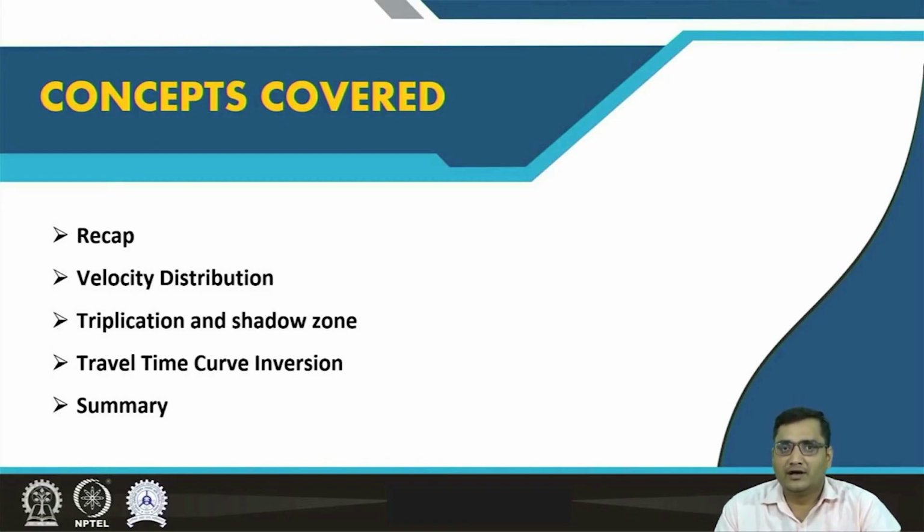First, we will have a recap of what we have learned in the previous lecture. Then we will discuss the velocity distribution in the spherical earth, especially how rays pass through different kinds of material having different velocities, such as the low velocity zone, the high velocity zone, and the normal earth situation where velocities vary smoothly.